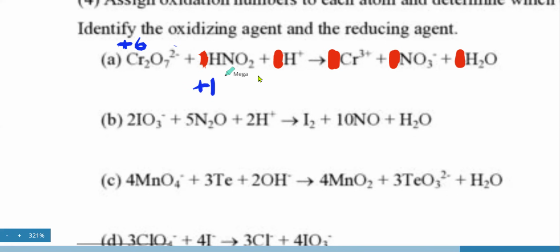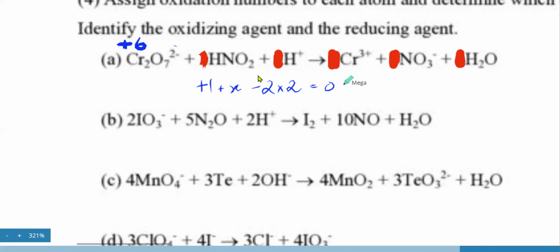Yeah. That's it. Okay, so H is plus 1, and N is the unknown. That's X. So we're gonna call it X. And O is minus 2 times 2, right? Yeah. And the whole thing is going to be equal to 0.